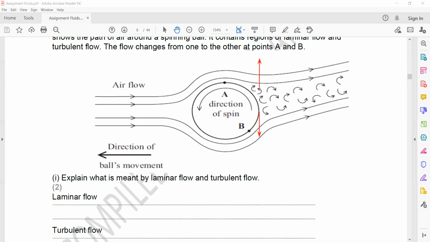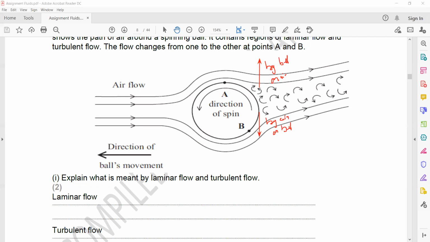Is it clear? So the air is applying a downward force on the ball. This is a force by air on the ball, and this is a force by the ball on air. If air is forcing the ball to come down, the ball will apply a force in the opposite direction.